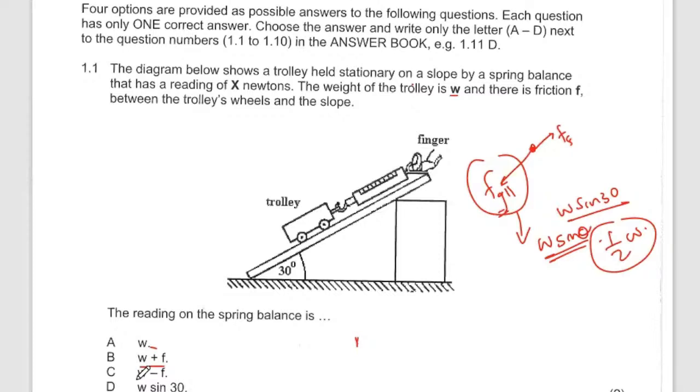W minus F still doesn't make sense, because remember they have to be equal to each other, which means if there's any subtraction, there's an addition that's taking place, and everything must just reduce to 0. And the last one, W sine 30, is only representing the FG parallel. So this question doesn't seem to have any correct option. None of the options are correct for 1.1.